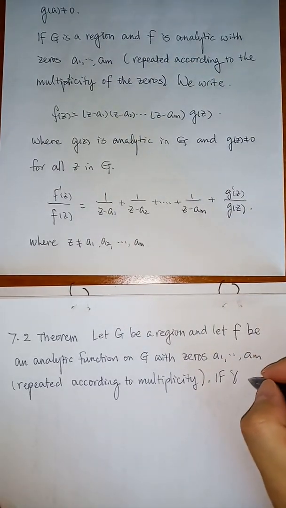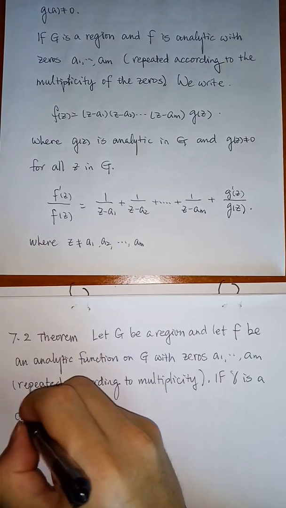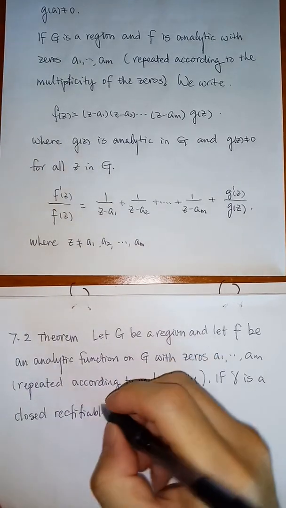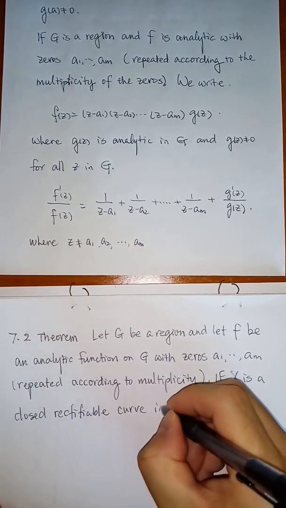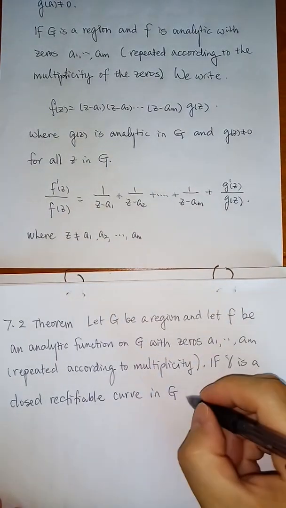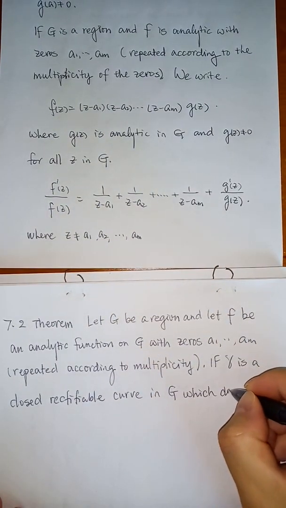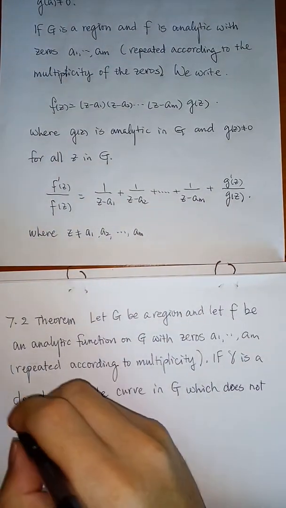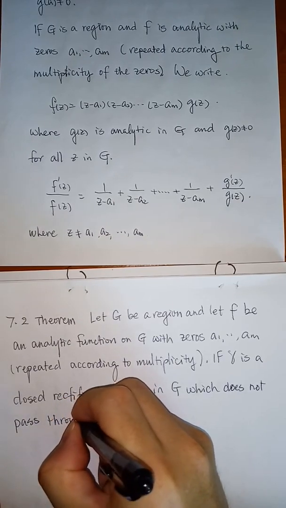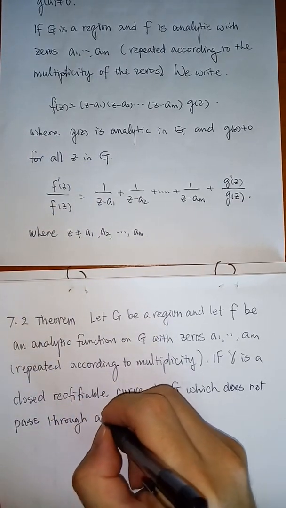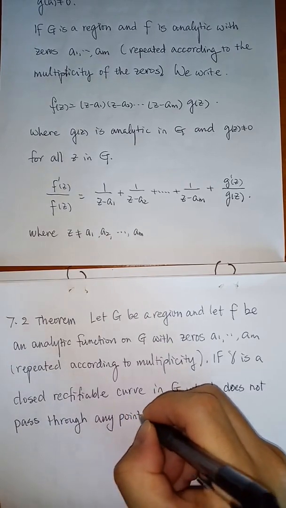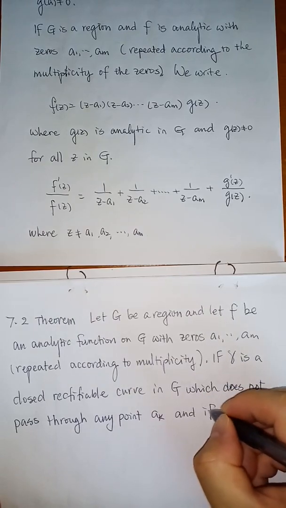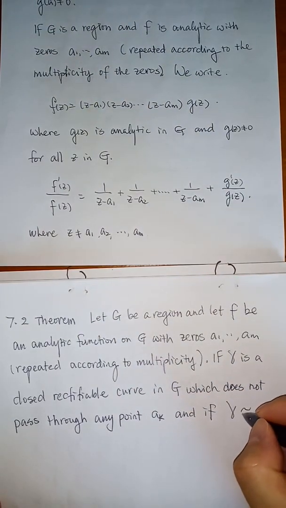If gamma is a closed rectifiable curve in G which does not pass through any point ak, and if gamma is homologous to 0.